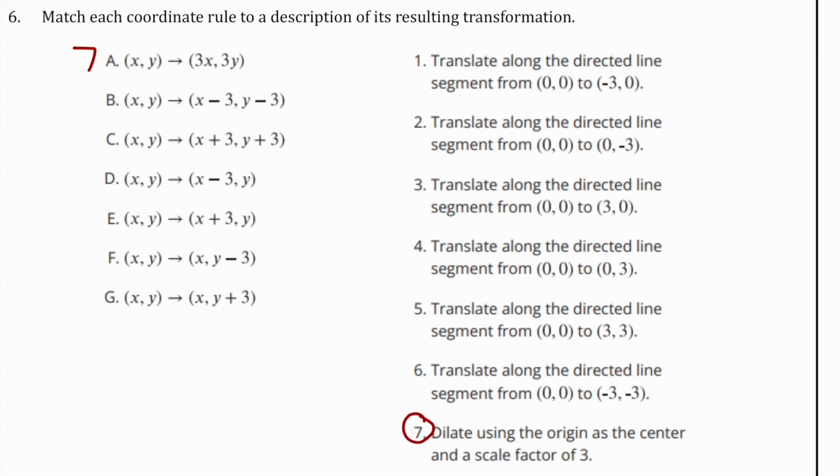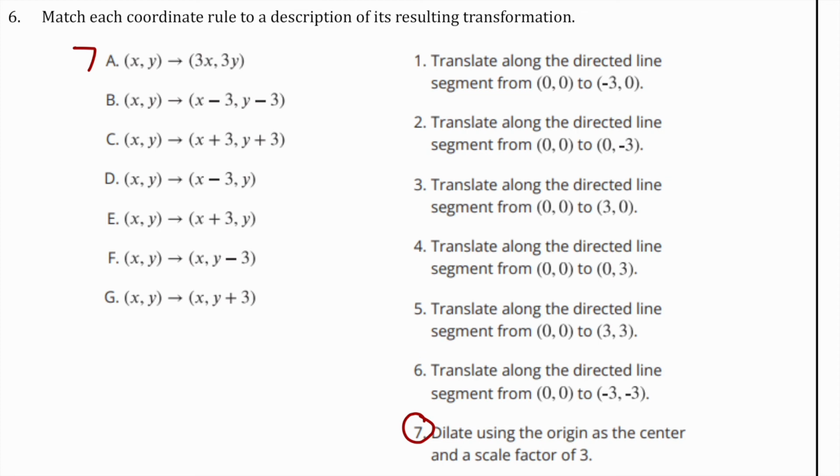You can kind of see when they're talking about directed line segments, if you just ignore or scribble out the variables, or replace them with zeros, you would get 0, 0 to -3, -3. So their descriptions of these, like from one point to one point, is kind of if you just subbed in 0 for x and y.